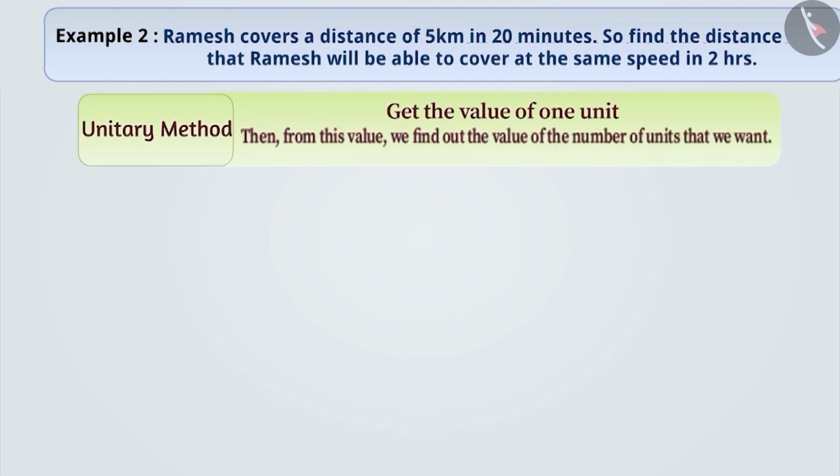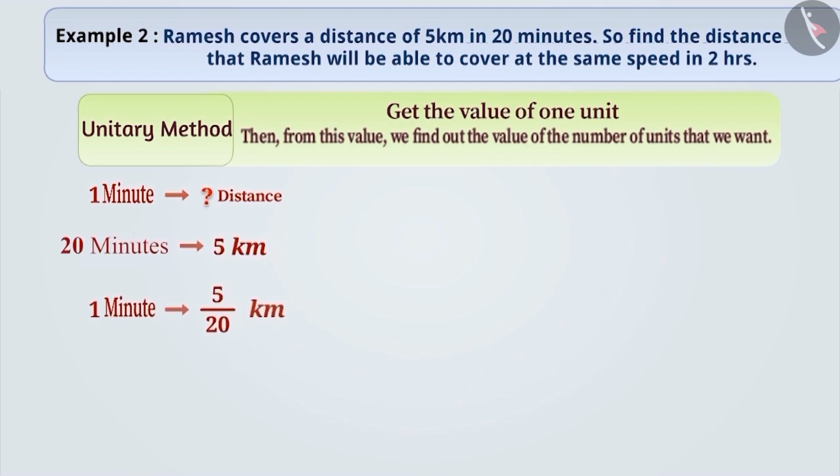To do this, first find out how much distance Ramesh covers in 1 minute. He covers a distance of 5 kilometers in 20 minutes. Therefore, in 1 minute he should cover a distance of 5 by 20 kilometers. That is, a distance of 1/4 kilometer. Now we have to find the distance he covers in 2 hours.